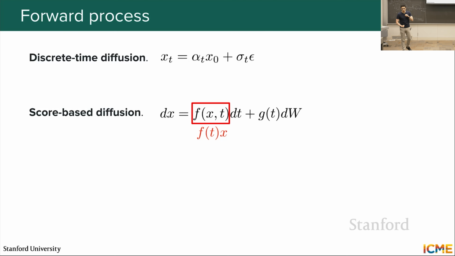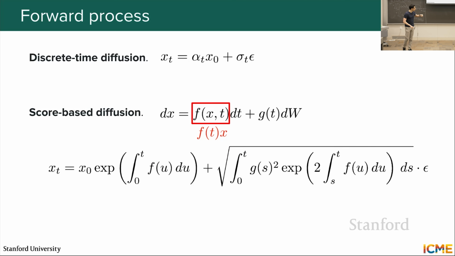We saw at the DPM solver section that in diffusion space, you could always assume that f of x and t was linear in x. This is something that we haven't seen so far, but I'm telling you that you have a nice closed form expression with respect to f and g of xt. And now we saw today that you can write down xt as an interpolation between x0 and x1 in flow matching.